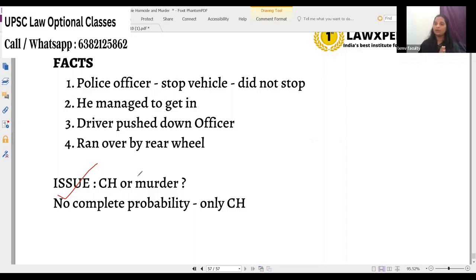So pushing him out, he does not have in all probability, and he thinks that the police officer will be dead. So his action is such that in certain probability, uncertainly, it is likely to result in death. So he can be charged only for culpable homicide and not for murder. That was the ruling of the Supreme Court.